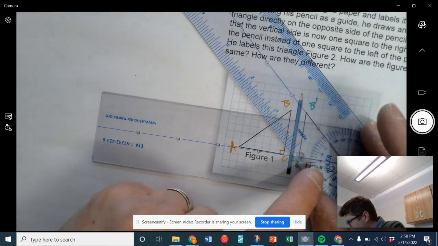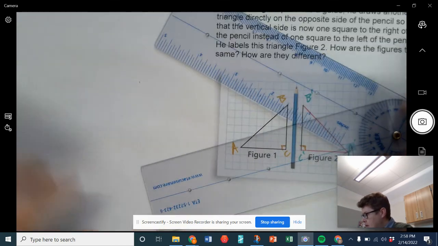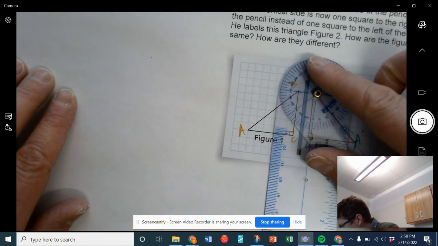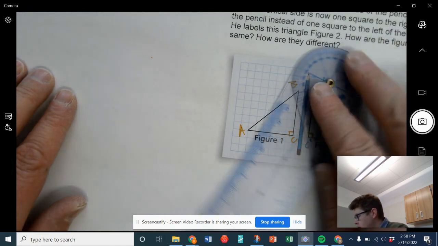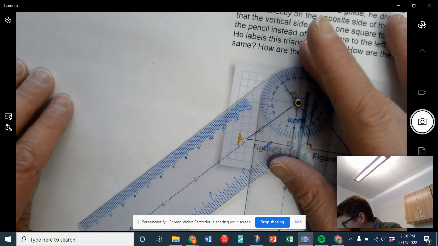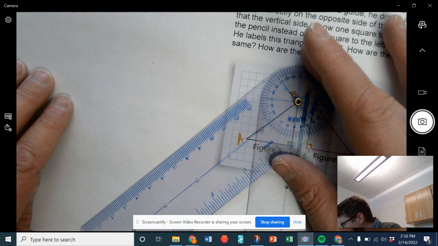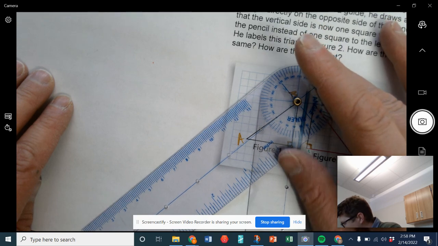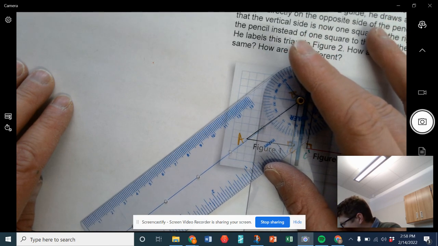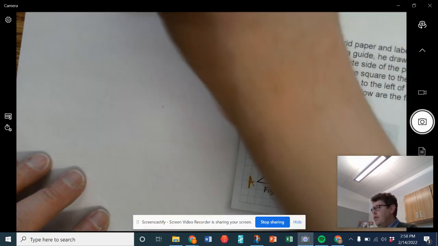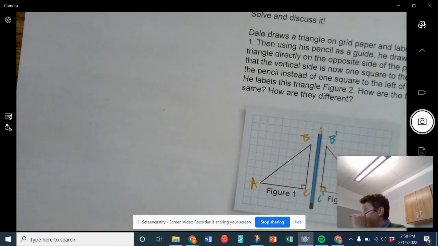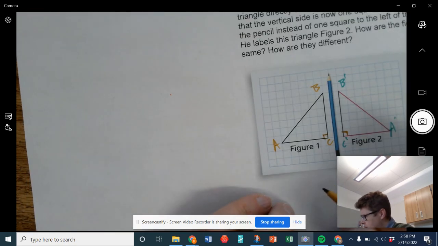Yep, 45 degrees right there, and 45 degrees again. This is an isosceles triangle because you have the same side lengths for two sides and a different side length for the third. So we can tell that these all have the same side lengths and the same angles.